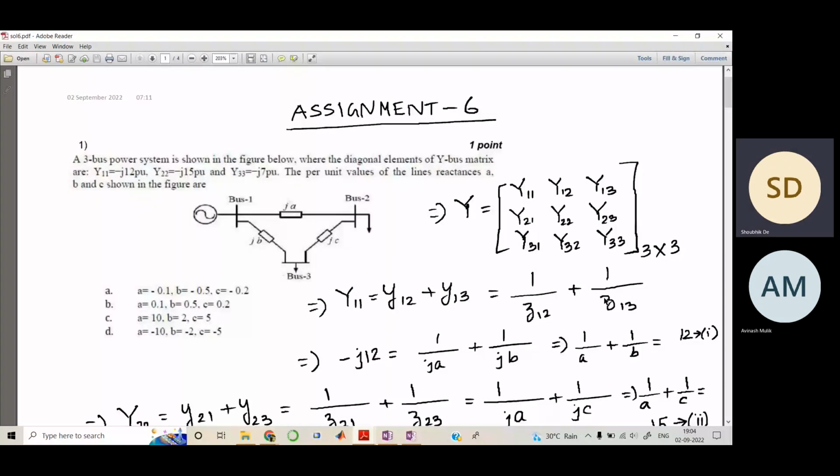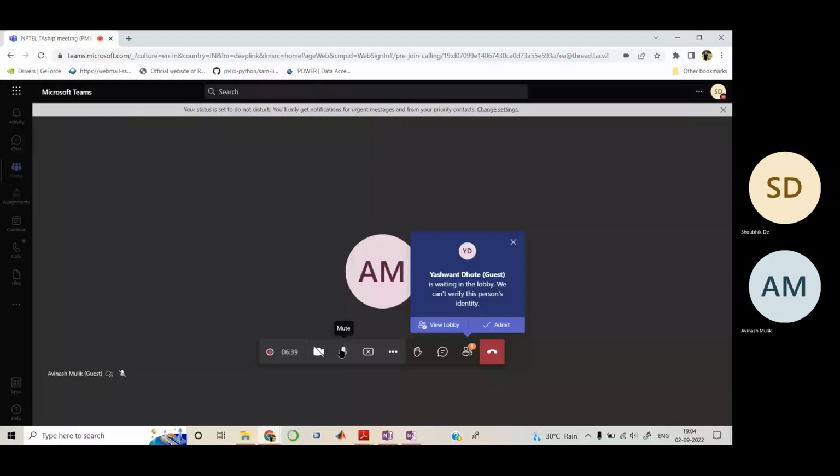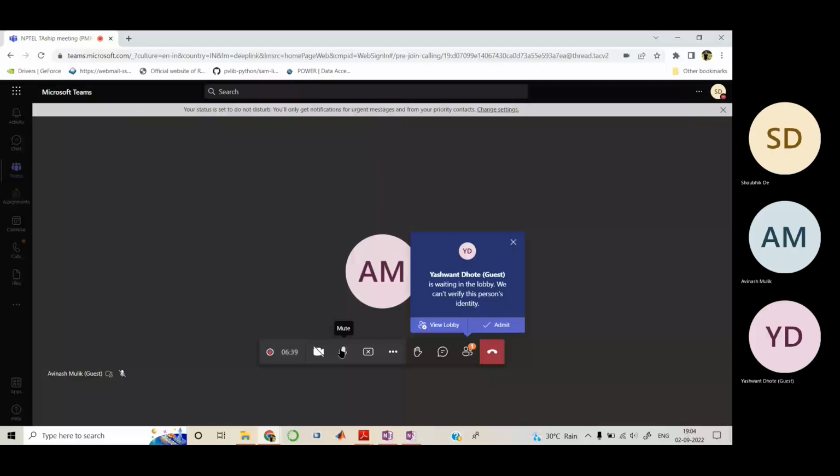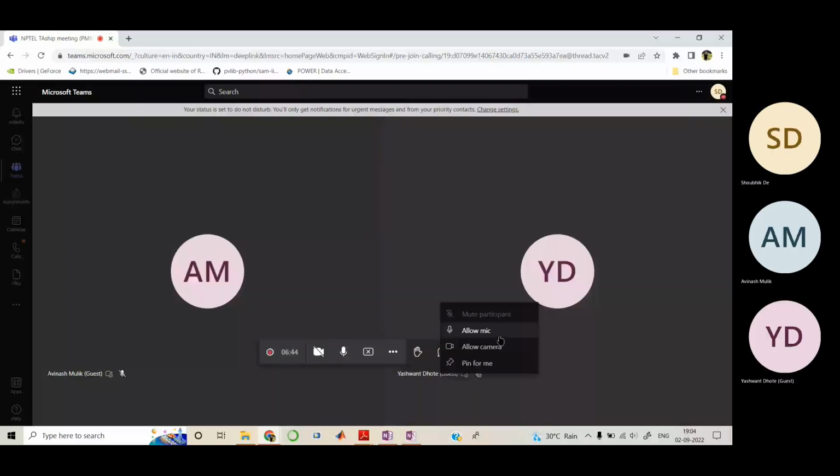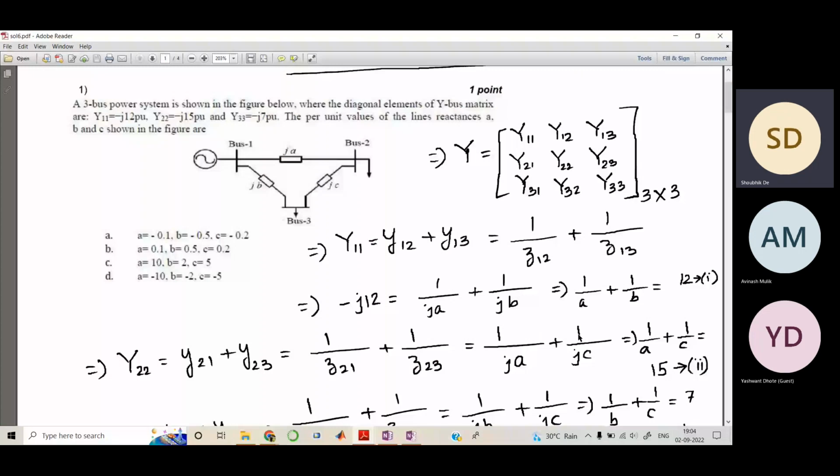Now we know the value of Y11, which is minus J12. Z12 is the impedance between bus 1 and bus 2, which is JA, and Z13 is JB. So the first equation turns out to be 1 by A plus 1 by B equals 12.